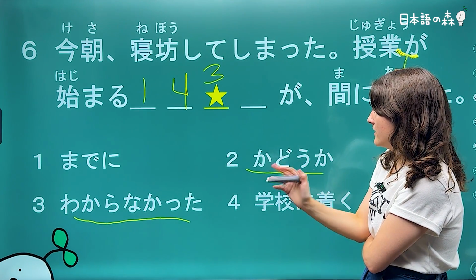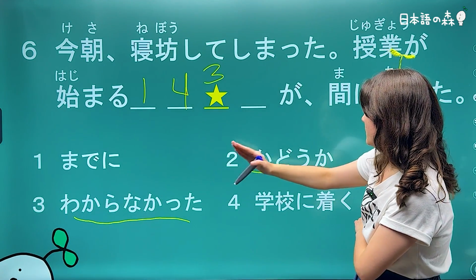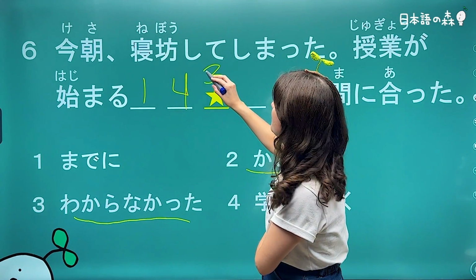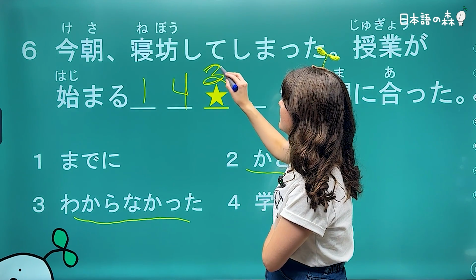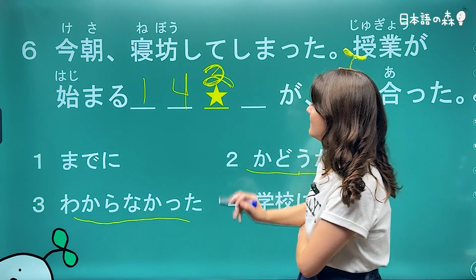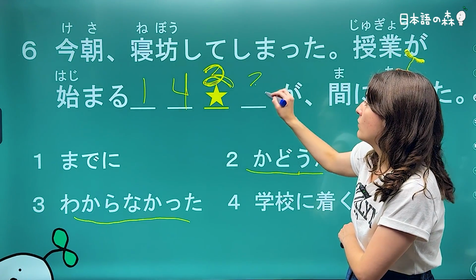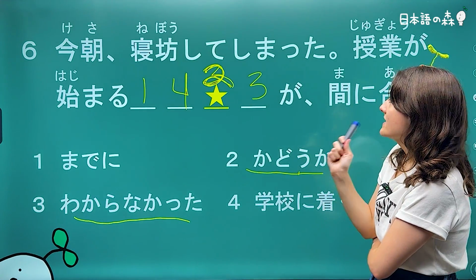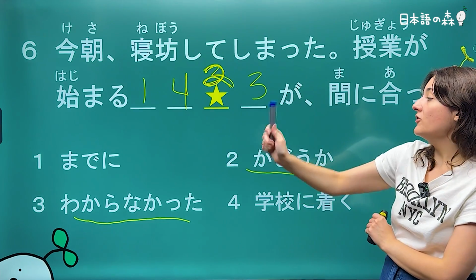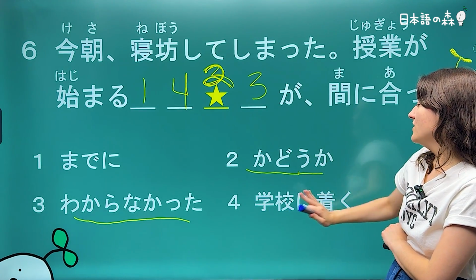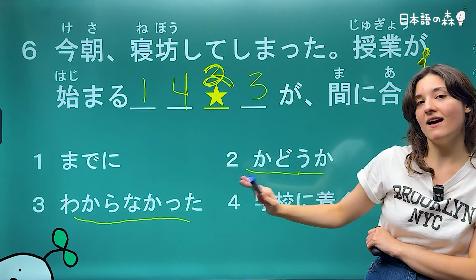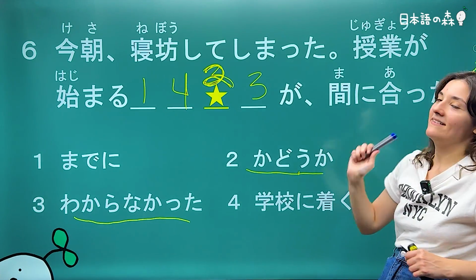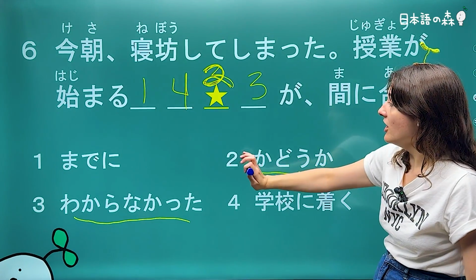So we forgot to write the かどうか. Sorry. That's 2. Okay. And then here we have わからなかった. So it's 授業が始まるまでに学校に着くかどうかわからなかったが間に合った. So I wasn't sure, right?